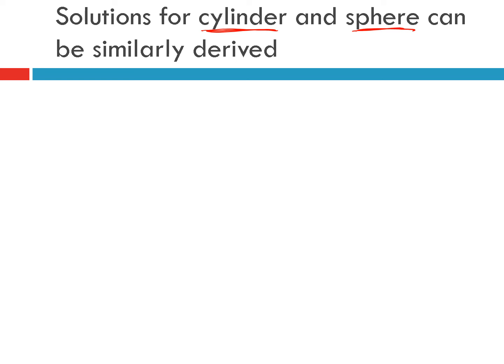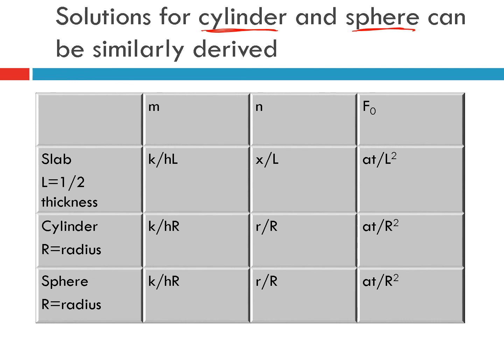So if they are analogous, they can also be put in a chart form, like the one for the slab. The charts for the slab were functions of m, n, and this non-dimensional time alpha t over L squared, which is called the Fourier number. So m is k over hL and n is x over L, and so on for the slab.